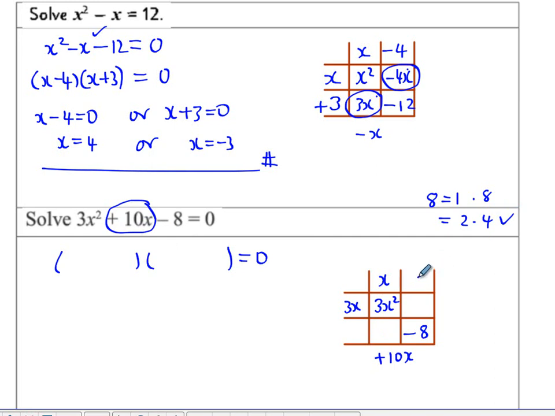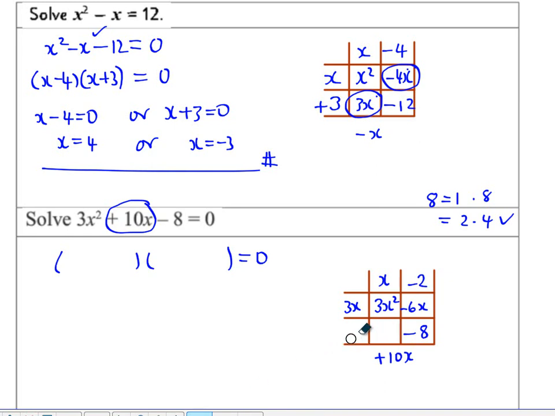Let's put 2 here and 4 here. 2 times 3 is 6, so this is 6x. 4 times x is 4x. Whichever is negative, if I have negative there, that's never going to give me plus 10x. So I don't think that is the correct arrangement.